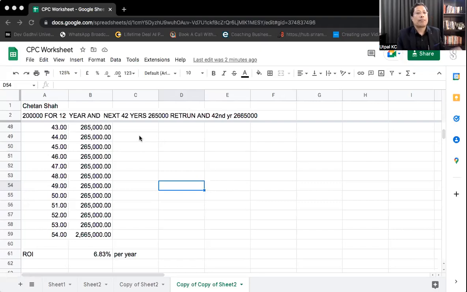Now, Dolly Ratnani: I am 43. Can I retire with a crore rupees at 60? What could be the best investment combination and how much? Dolly Ratnani, are you there with me?